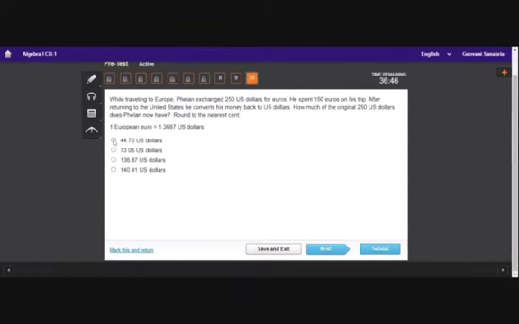Interesting. So here's the thing that's happening a lot. It's usually like in this conversion, 1 euro equals 1.3687. Sometimes it's like 1 mile equals 5,280 feet.